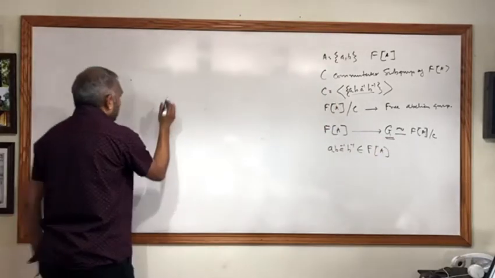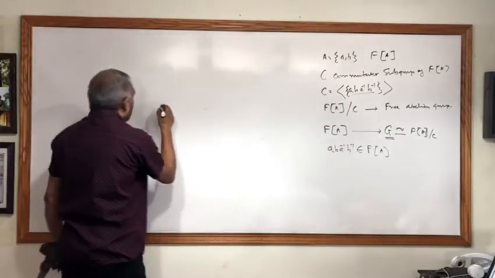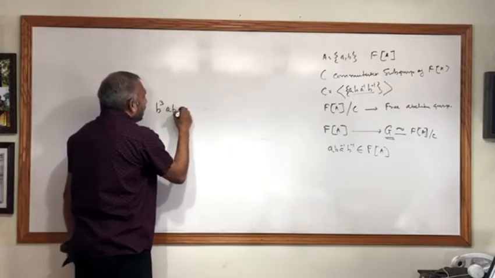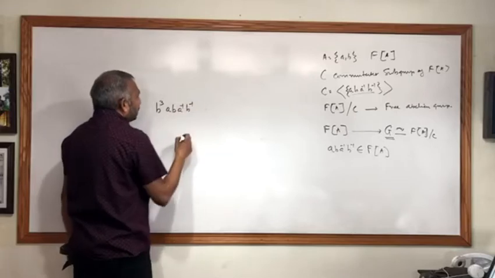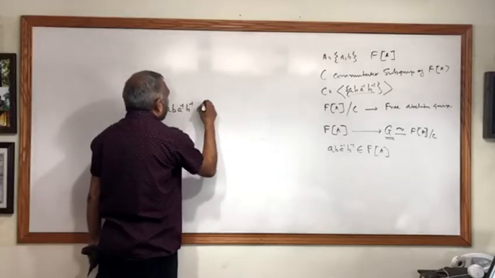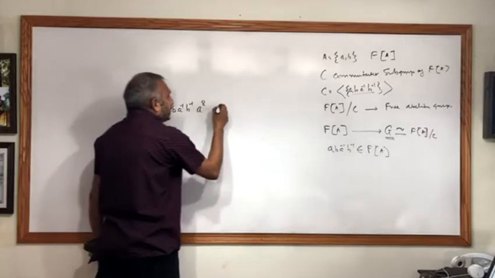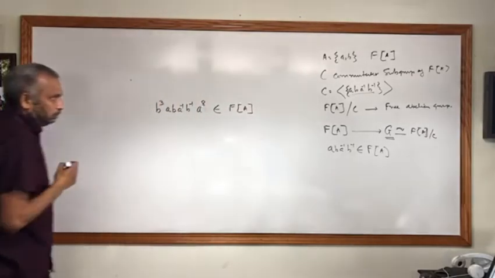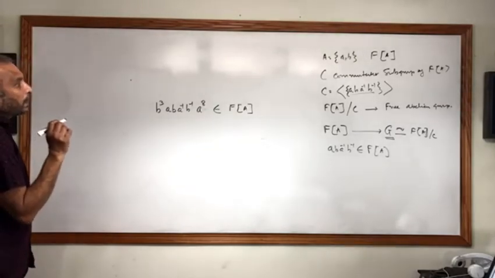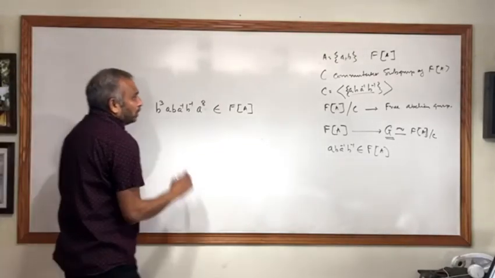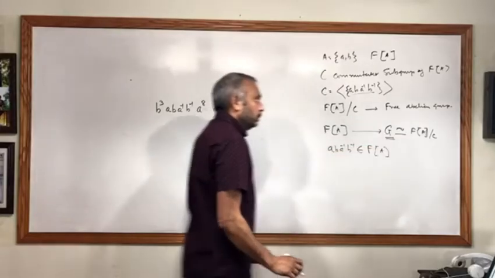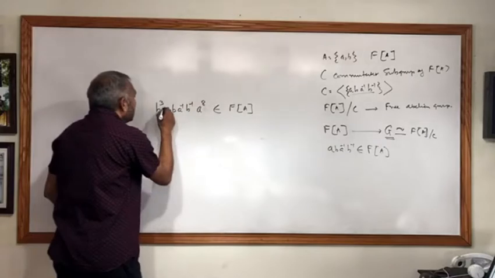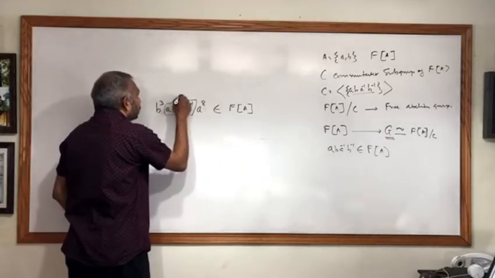We'll take an example here. Let us say B cube A inverse B inverse A to the power of 8. This definitely belongs to f of A. But when it comes to this group, this will be collapsed to 1.